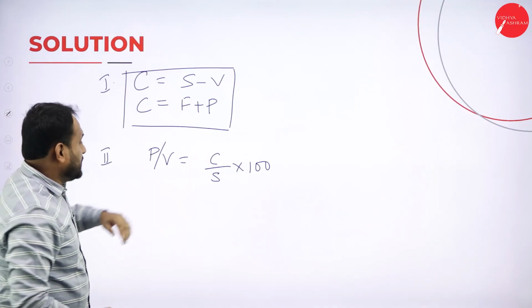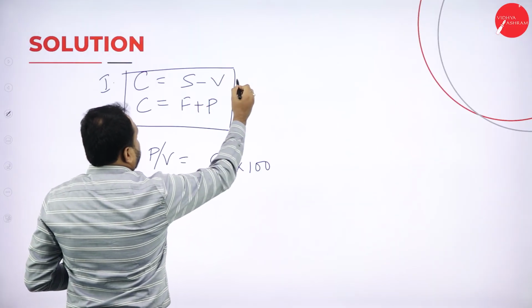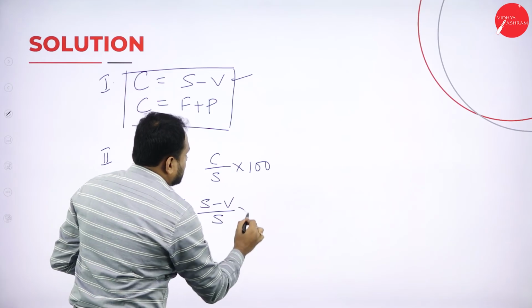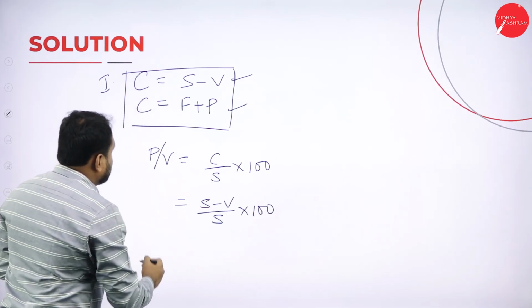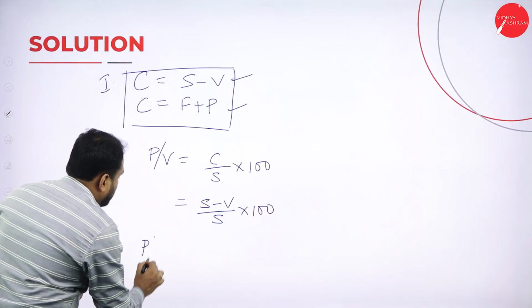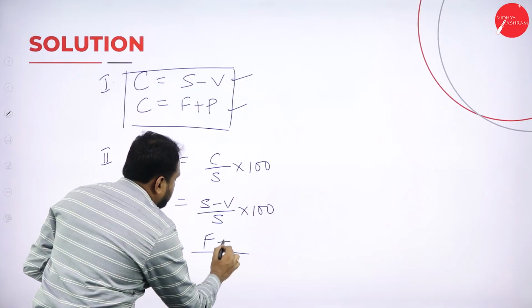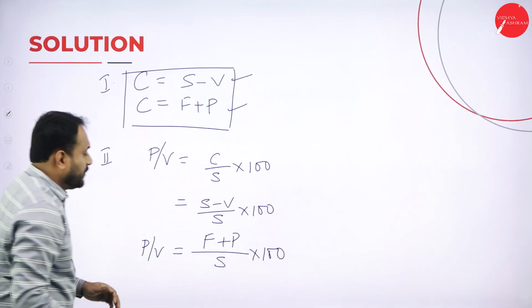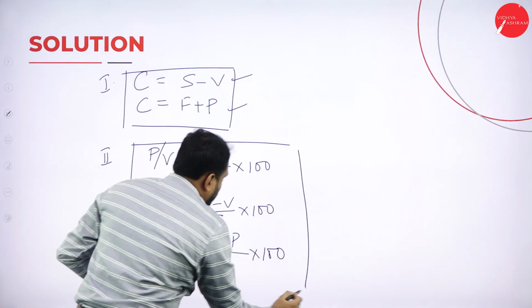Contribution we took from the first one, S minus V divided by S into 100, which is F plus P. So PV is also F plus P divided by S into 100. So we have two formulas. This is the second formula we went with.